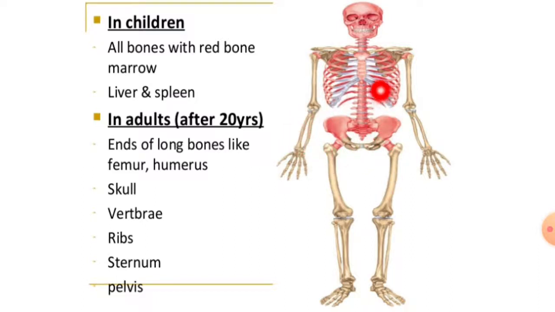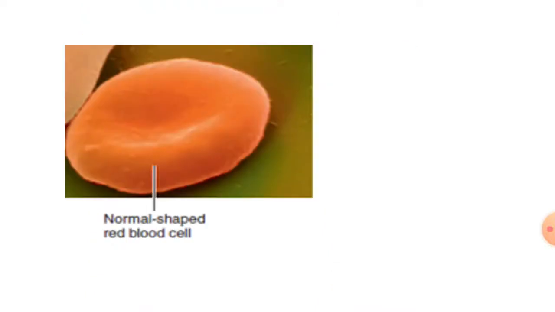All these are the membranous bones which are responsible for the formation of the red blood cells after the age of 20 years. And the process of the formation of the red blood cells is called erythropoiesis.